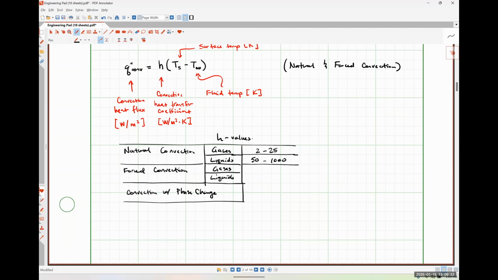For forced convection, might be 25 to 250 for gases and 100 to 20,000 for liquids. And then for our phase change, typical values are 2,500 to 100,000.